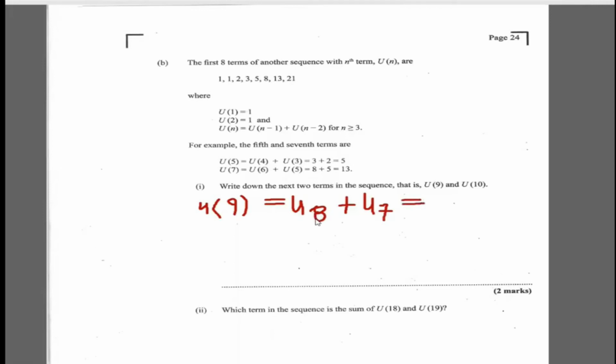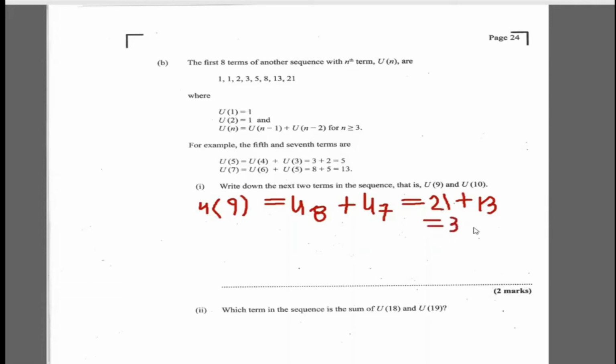Now what is U8? U8 is the 8th term: 1 term, 2 term, 3 term, 4 term, 5 term, 6 term, 7 term, 8 term. The 8th term is 21, plus the 7th term, which is 13. So 21 plus 13 is 34.